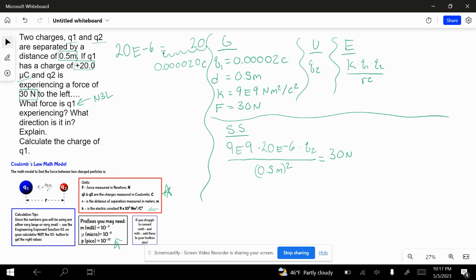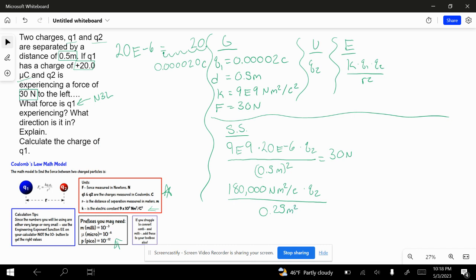Now let's see here. 9 times 10 to the 9th times 20 to the negative 6th is going to give us 180,000 newton meters squared per coulomb times Q2 over 0.25 meters squared.